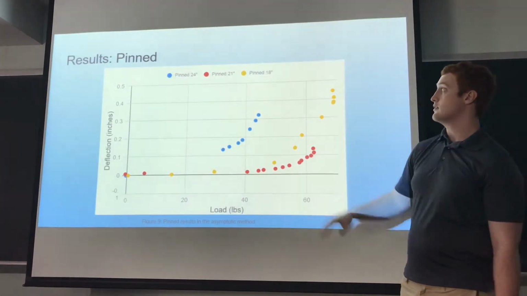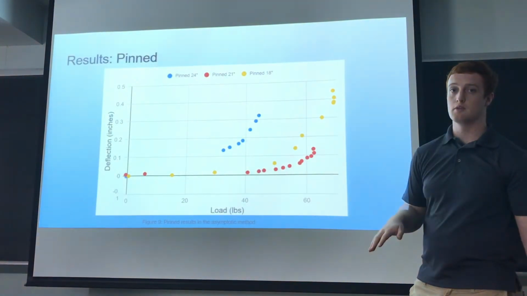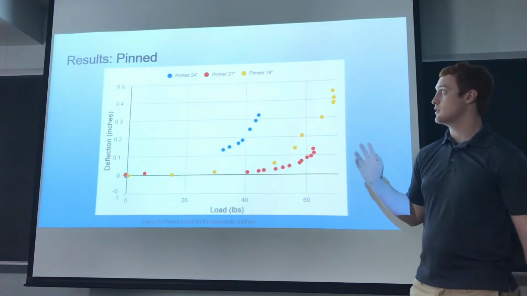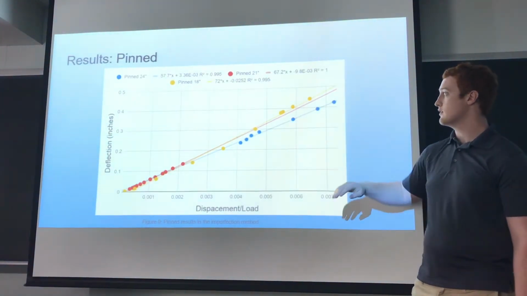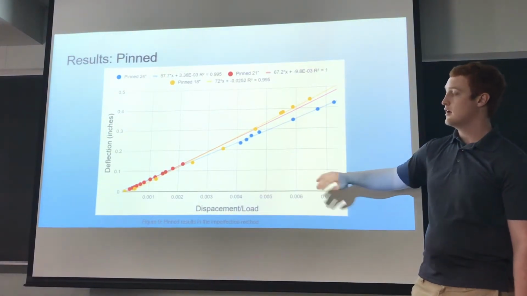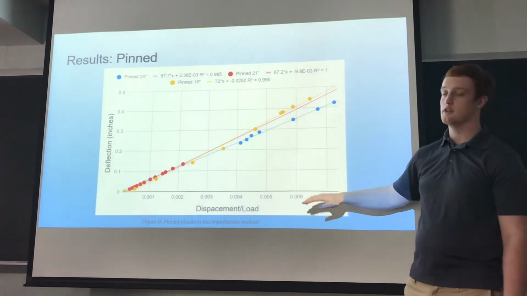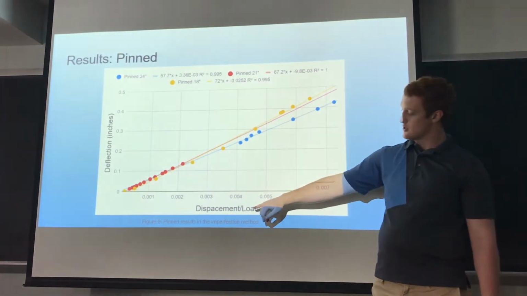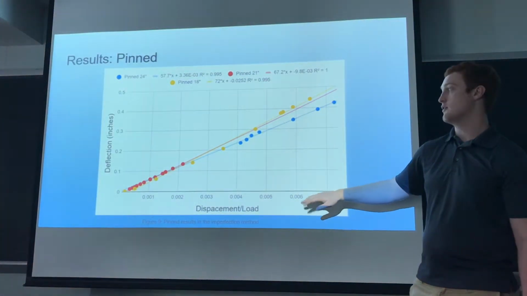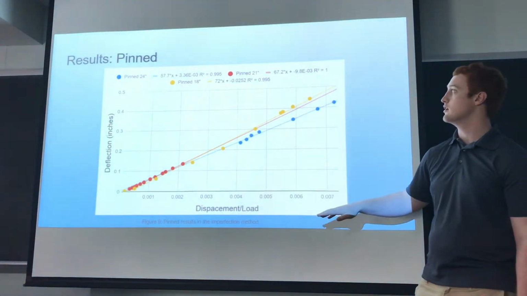And then to get more precise numbers, we use a data transform to get the imperfection method, and the slope of these lines is equal to P critical, and the only change is the x-axis is now displacement over load instead of just load.